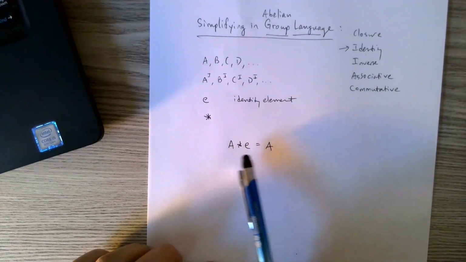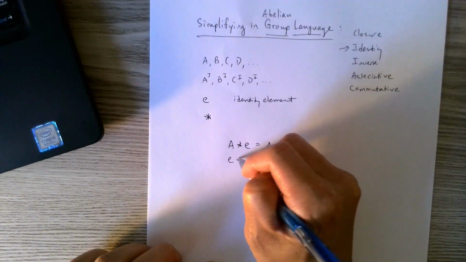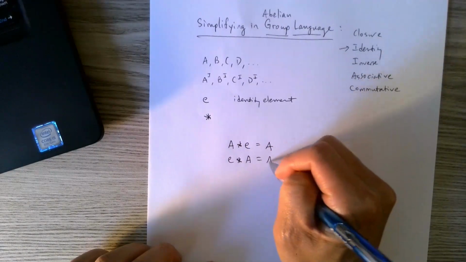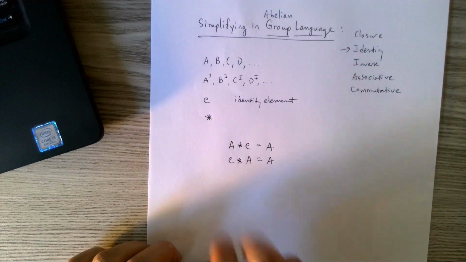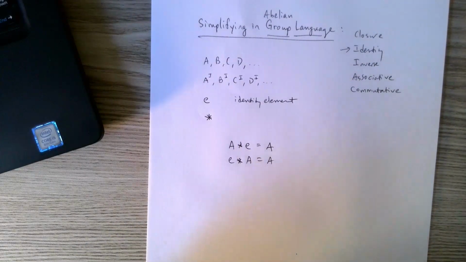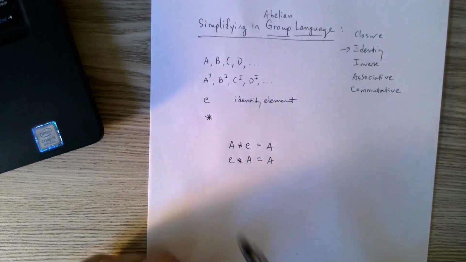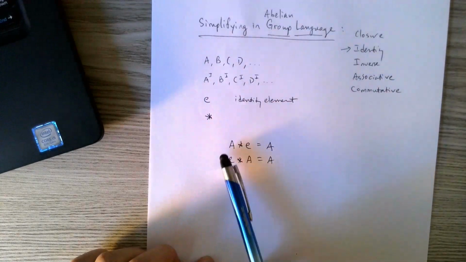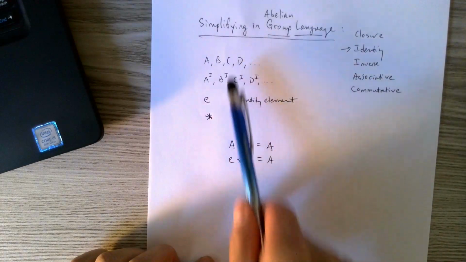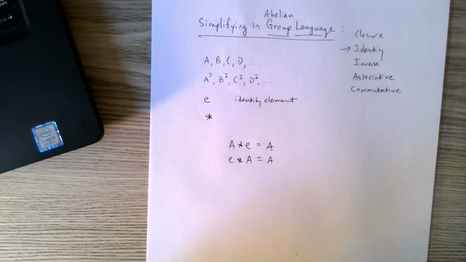So if I see A star e, or if I see e star A, they will both become A because identity element works commutatively. And that goes for any element I see. B star e is B, C star e is C, and so on.